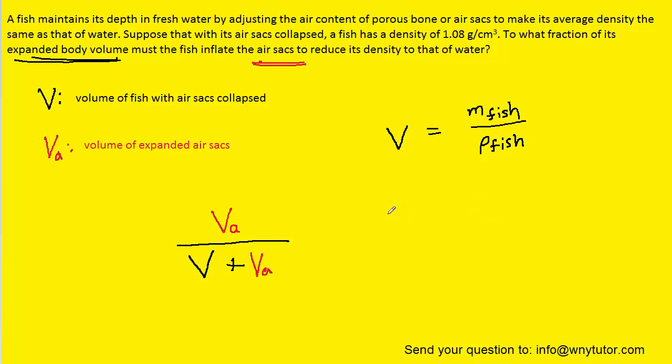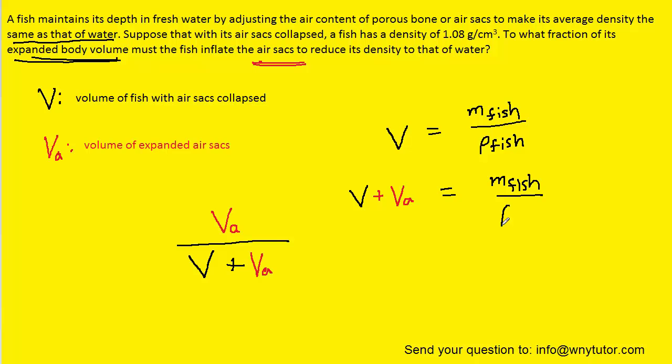But then once the fish fills its air sacs with air, it's going to have the following volume. It would have its original volume plus the additional volume of the air that's filling the air sacs, and that would equal the mass of the fish, which is a constant, divided by the new density. Now the question notes that once the fish expands its air sacs and fills them with air, the density is going to be the same as that of water.